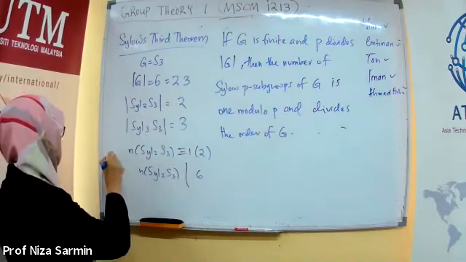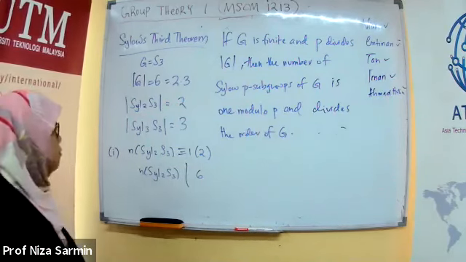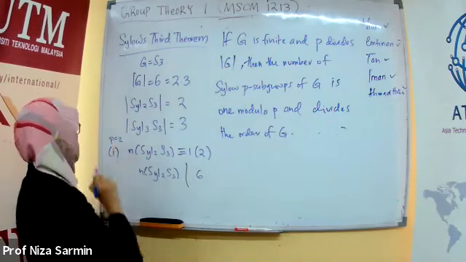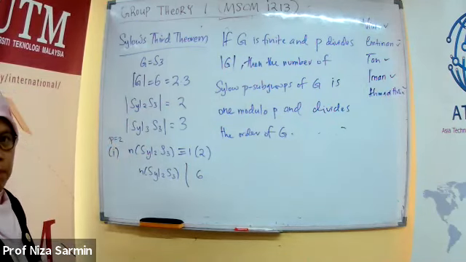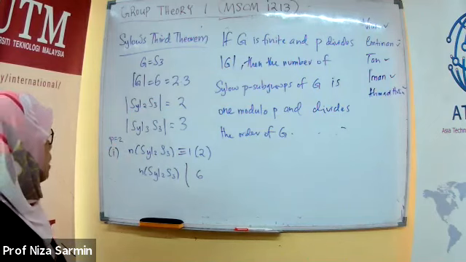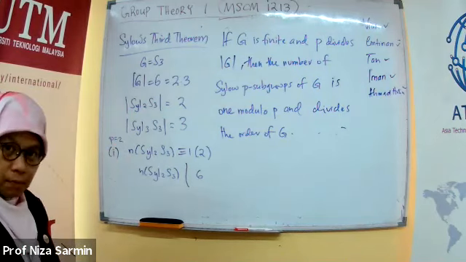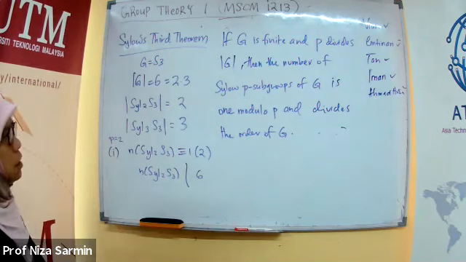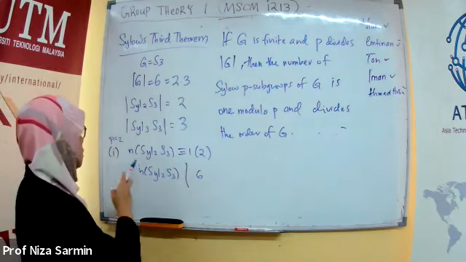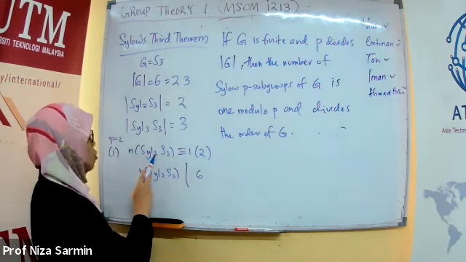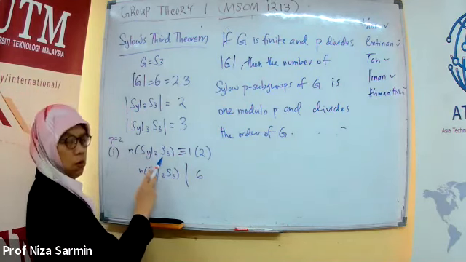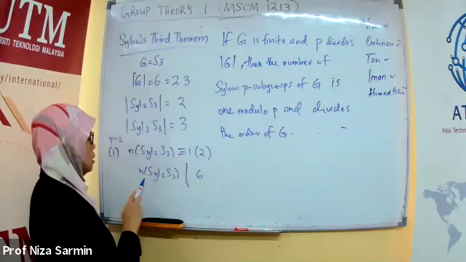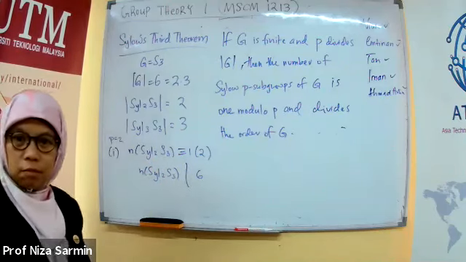So this is the first case. When P is 2, by Sylow's third theorem, since 2 divides 6, the number of Sylow 2 subgroups of G is 1 modulo 2 and divides 6. Okay?